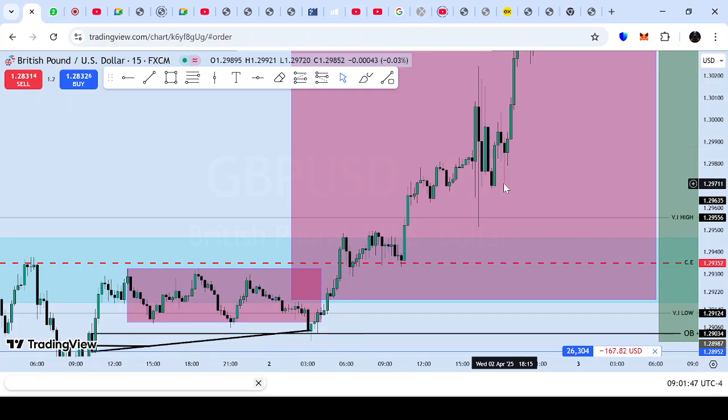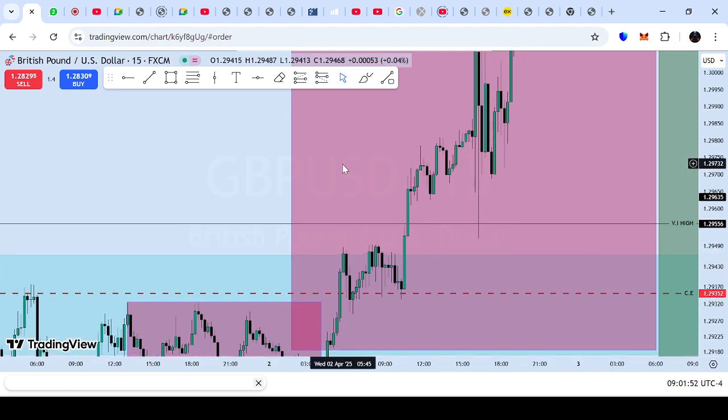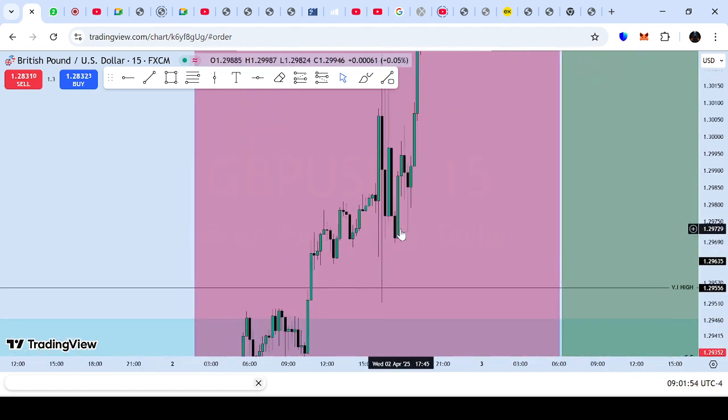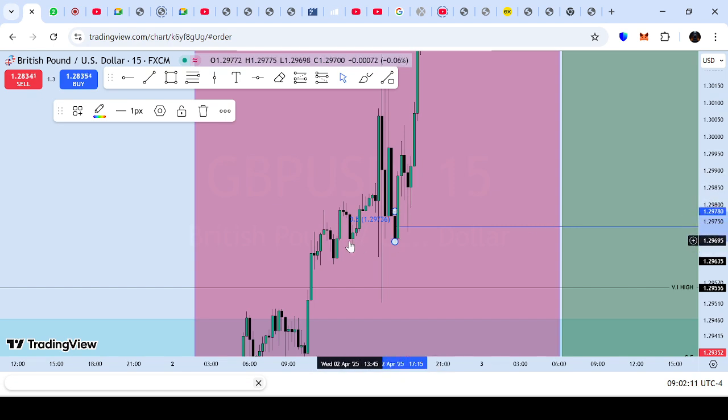The wick can reach the mean threshold, that's the 50% of the order block. Mean threshold, use your Fibonacci, that's the 50% of this order block, but the body is not going to trade below it. The wick can reach the mean threshold. Higher low, higher low, next order block, higher low.